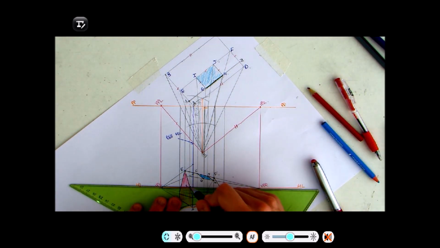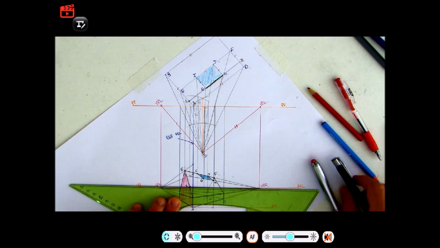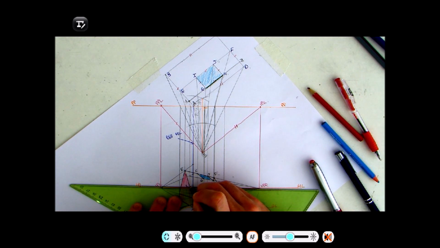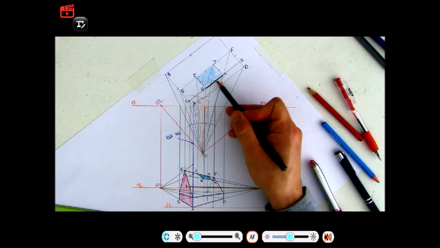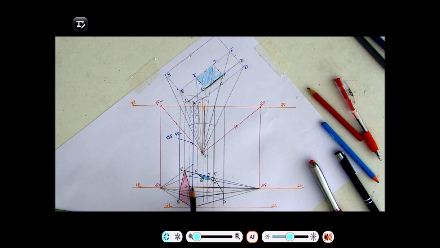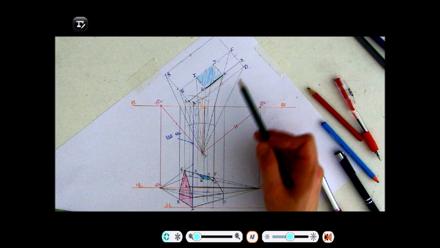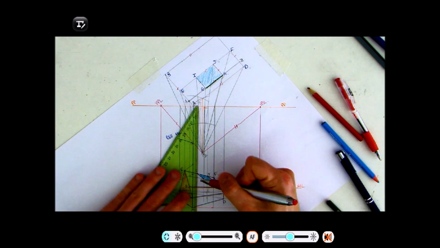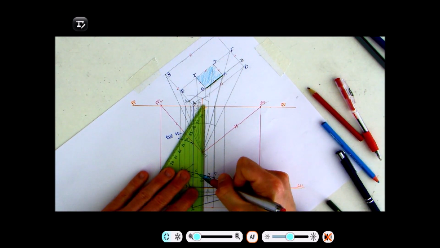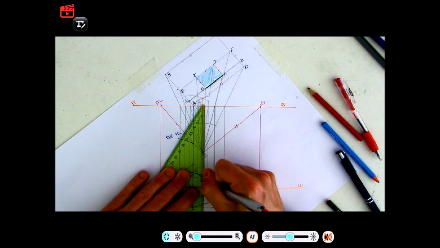But again, the principles that we're using are nothing new. They're the same principles as we've been using before. But I'm just going to draw this in green because that's the green line that I drew up here. That green line is that green line there, essentially. It's a portion of it. And then all I have to do is bring G down to hit that line, and that's the stopping point of that.